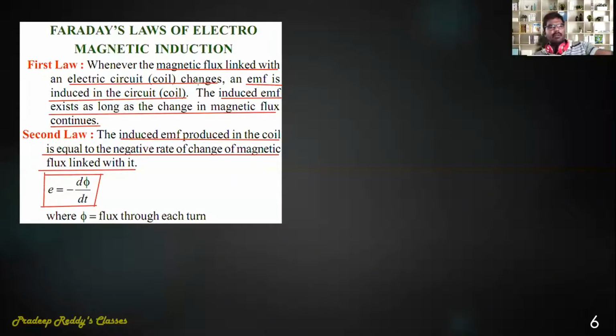This is what we have got in the second law. The first law just gives the significance of change in the magnetic flux and EMF produced. The second law gives the magnitude of EMF developed in the coil.